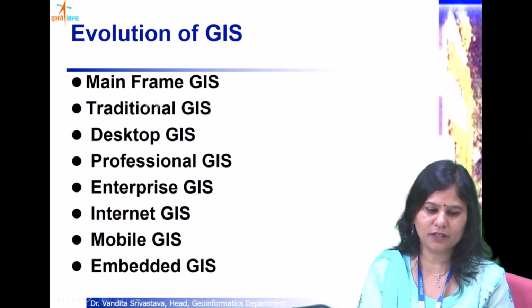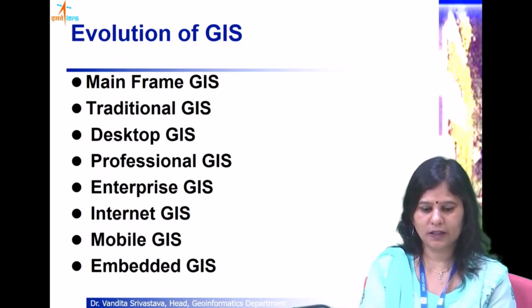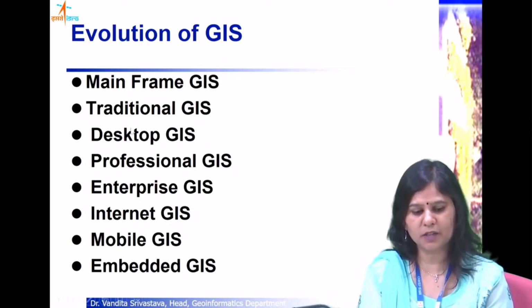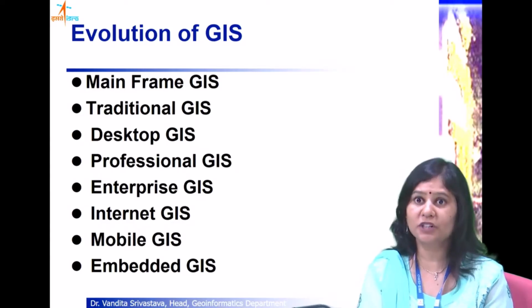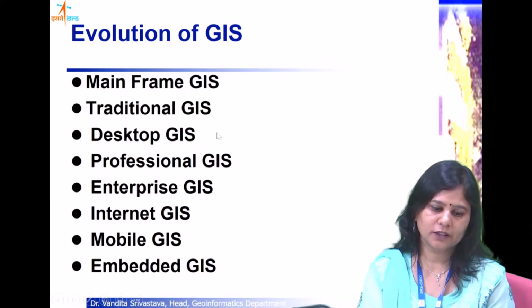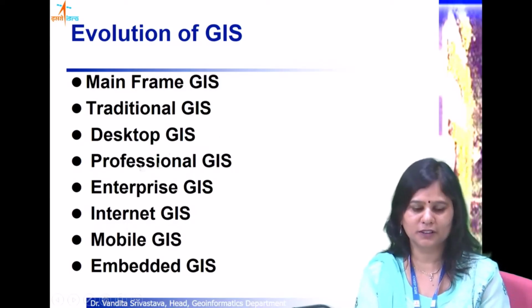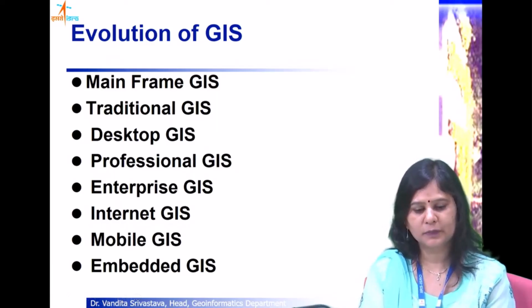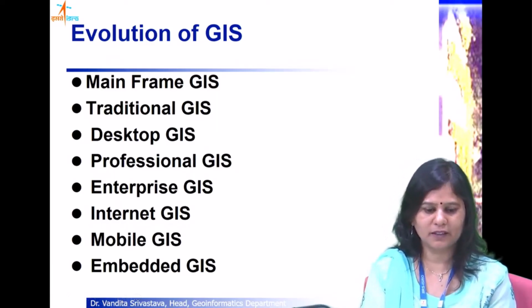After this, ESRI, the Environmental Systems Research Institute, has been a pioneer in commercializing GIS capabilities. After ESRI, a lot of other GIS software also came, even Intergraph, GeoMedia, Geomatica, and many others.